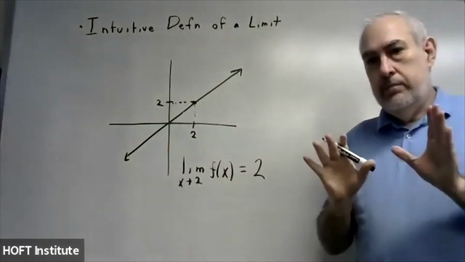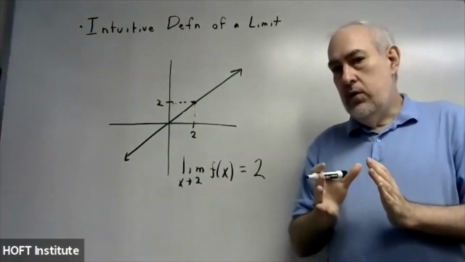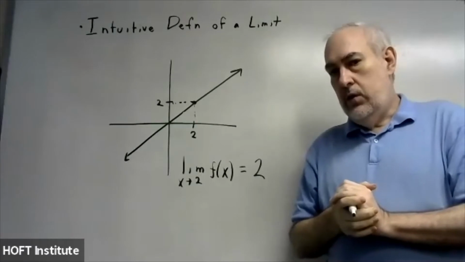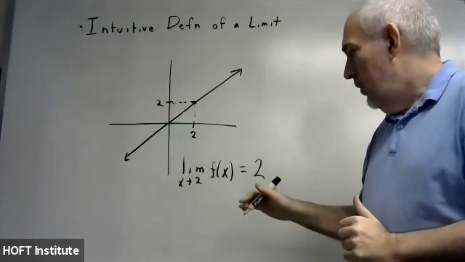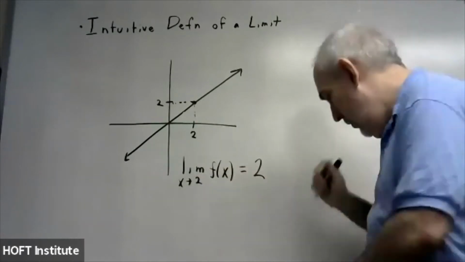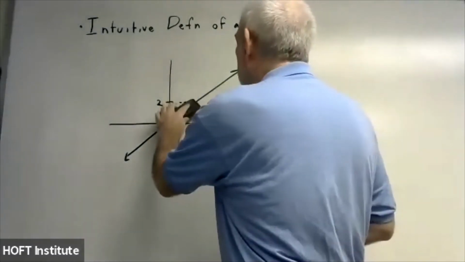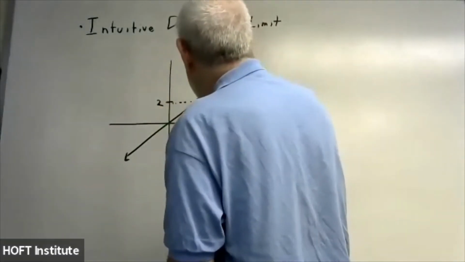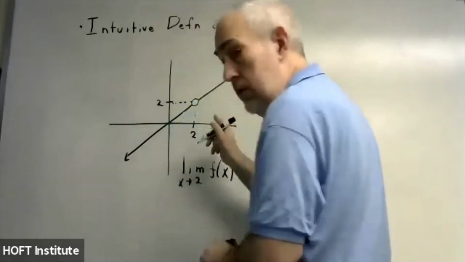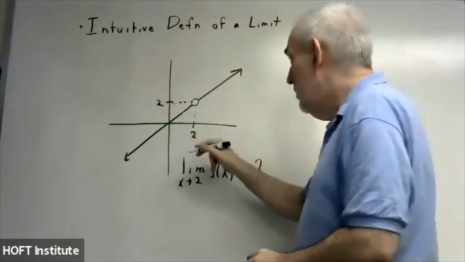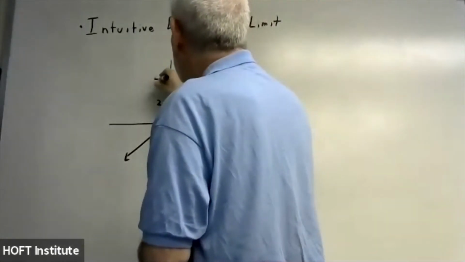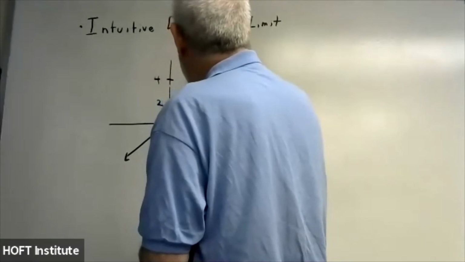Okay, now, one thing you don't want to mistake is you don't want to confuse what this limit is with where the point is. Because let's say that I moved the coordinate point that used to be at (2, 2), and I moved it up higher, like let's say to 4, like that.